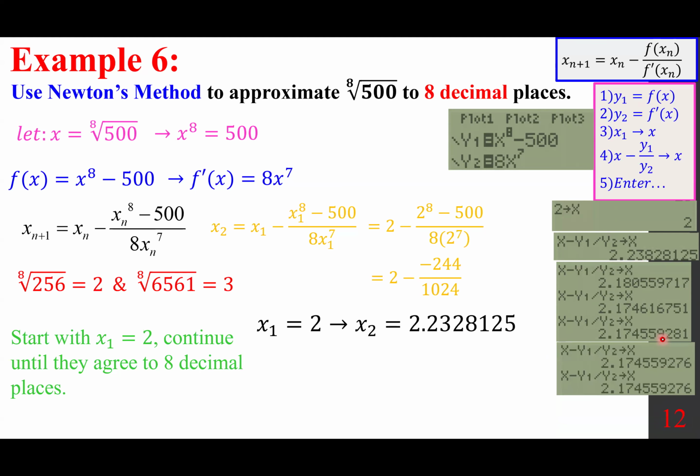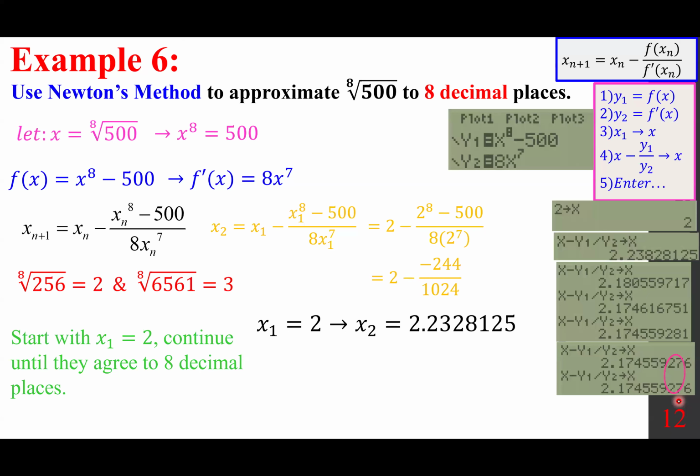And how do you know when to stop? It says 8 decimals. Notice, if you look at this number, 1, 2, 3, 4, 5, 6, 7, 8, the first 8 decimals are identical. That means you can stop.